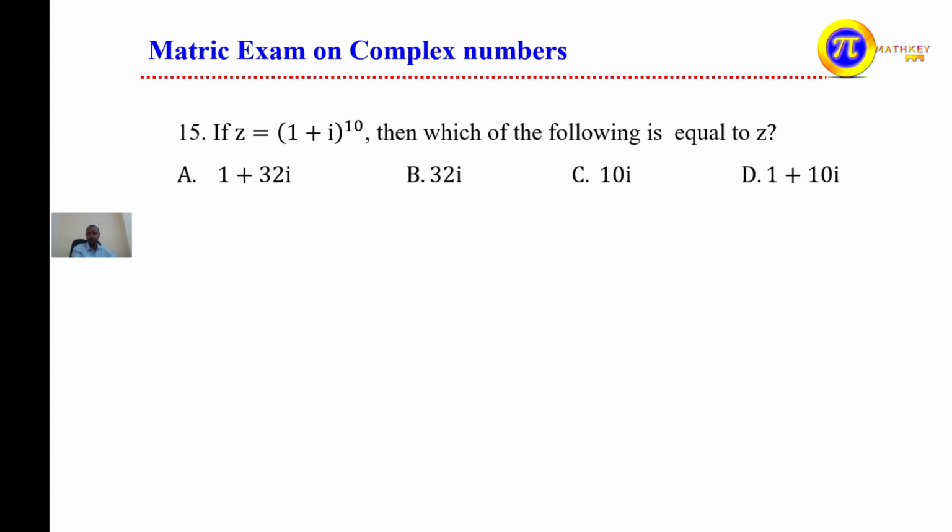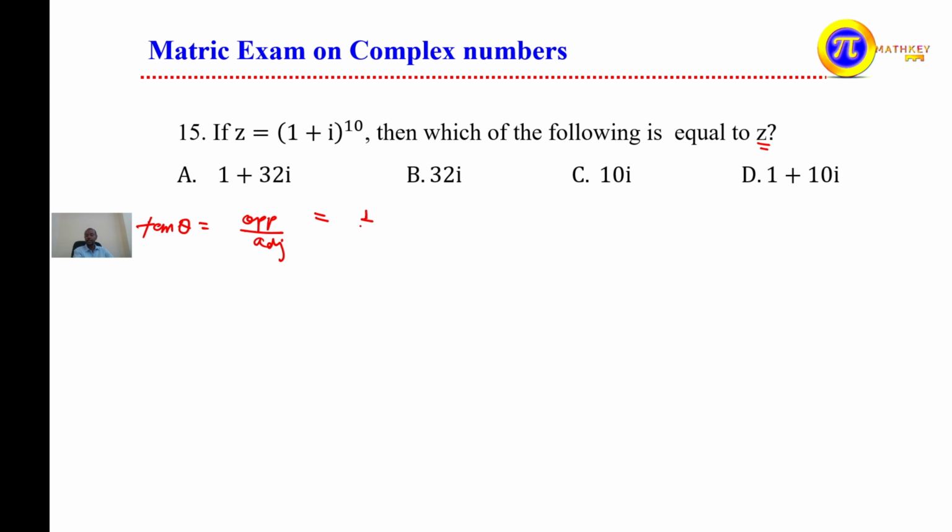Let us see the next one. If z is equal to 1 plus i, the power of 10, then what is the value of z? We are familiar with this one. Let's try to find tan of this theta. Tan theta means opposite over adjacent. The opposite, that is the y value, is 1.